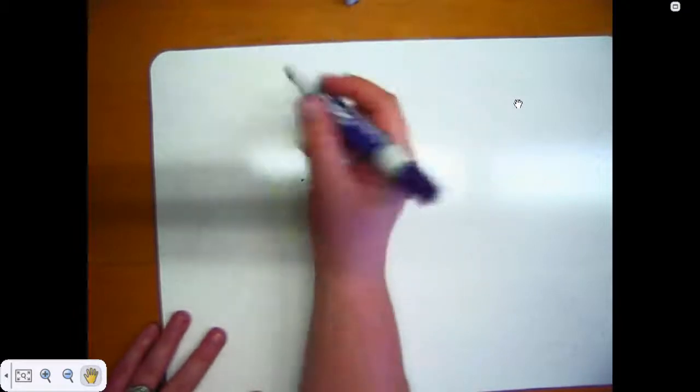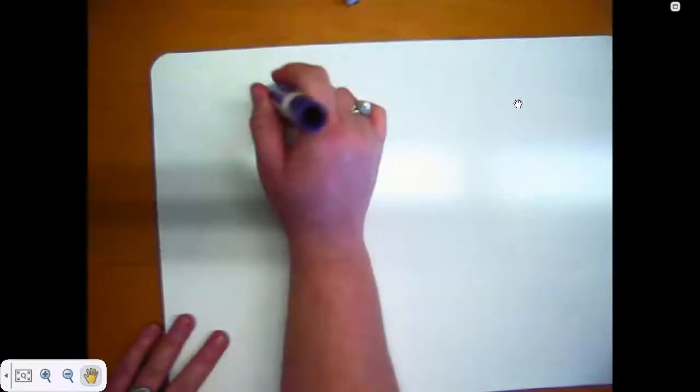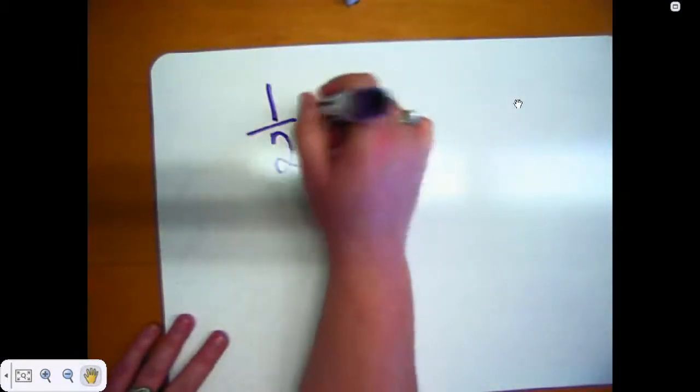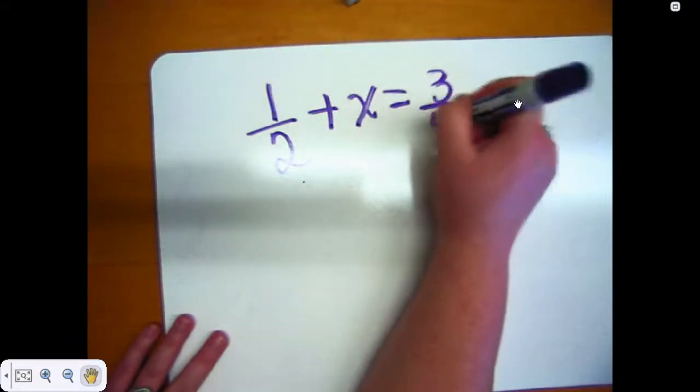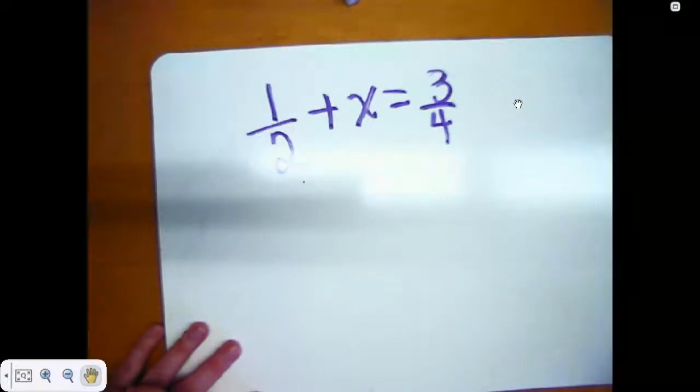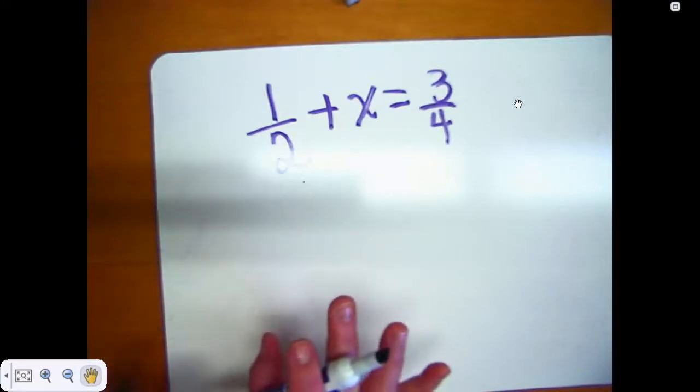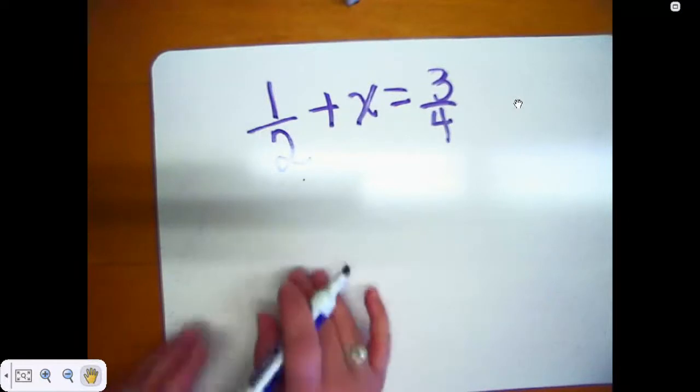Okay, what if we have 1/2 plus x equals 3/4? This is where those rules come back in. So again, I need to get rid of everything but x.